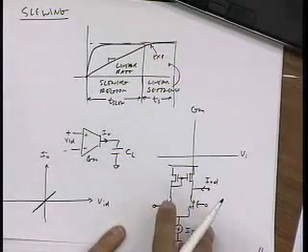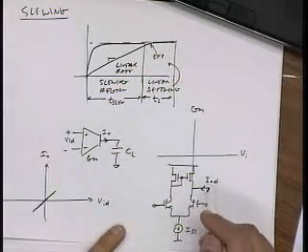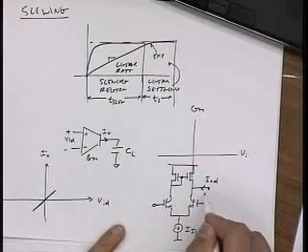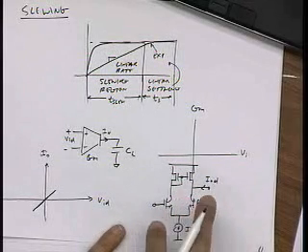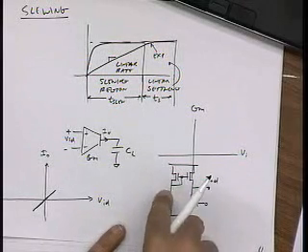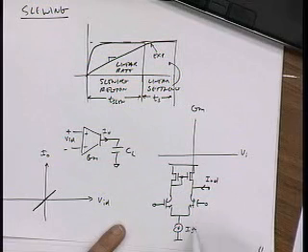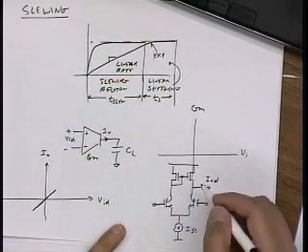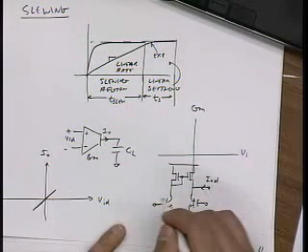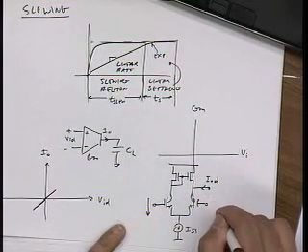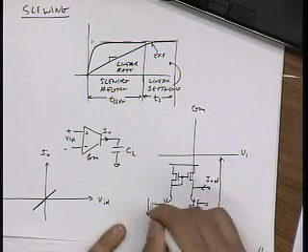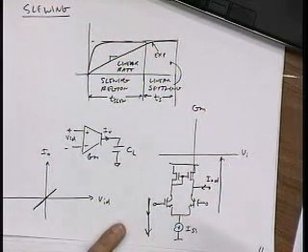If I apply a small signal here, then this IOD is about the GM of this stage times the input signal. But if I make this input voltage way too big, at some point, the maximum current I can deliver is more or less set by ISS. So for instance, let's say I swing this stage very low and this stage very high, so it's a differential input.